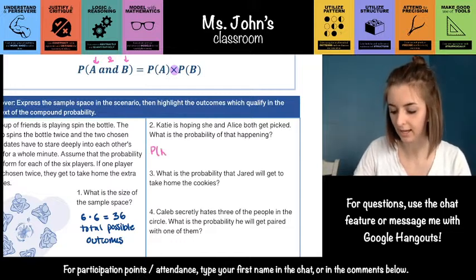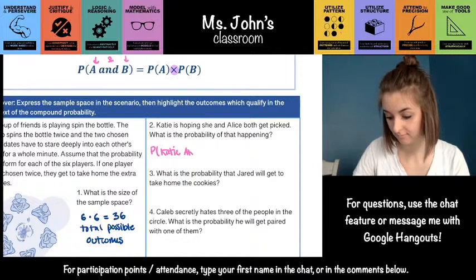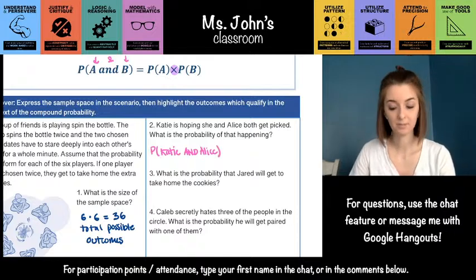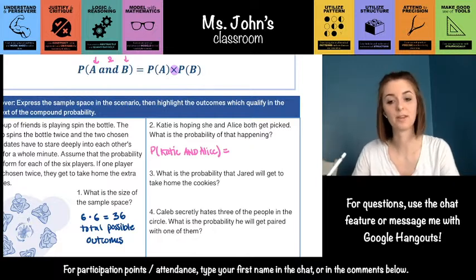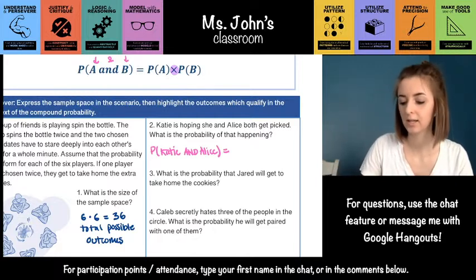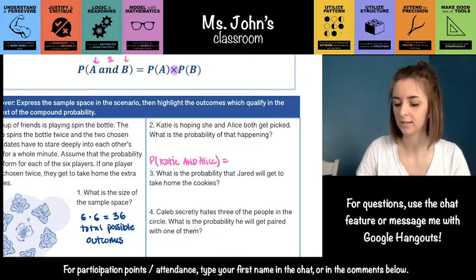The probability of Katie and Alice, is that who the other one was? Alice? Both getting picked is going to be equal to the probability of Katie getting picked multiplied by the probability of Alice getting picked.